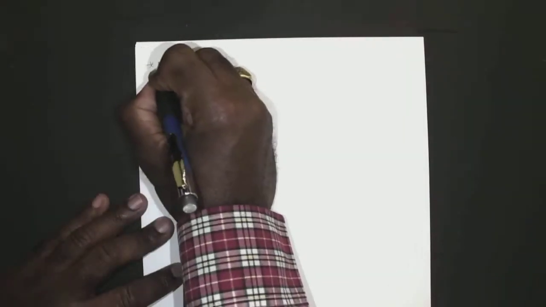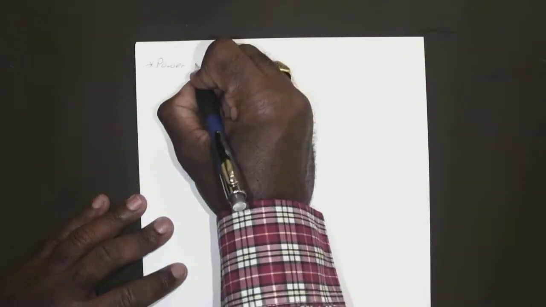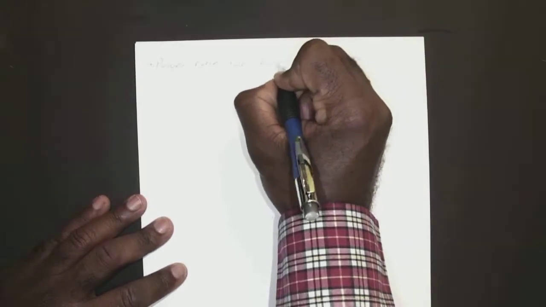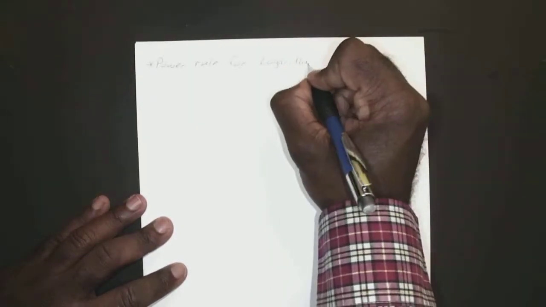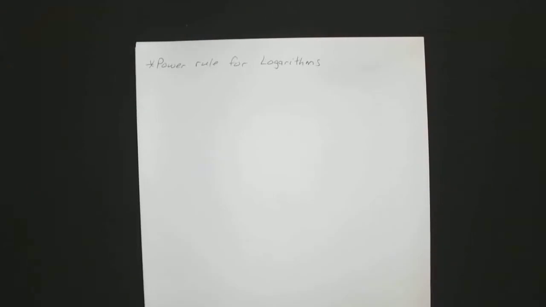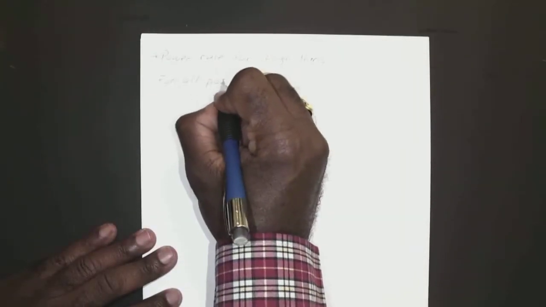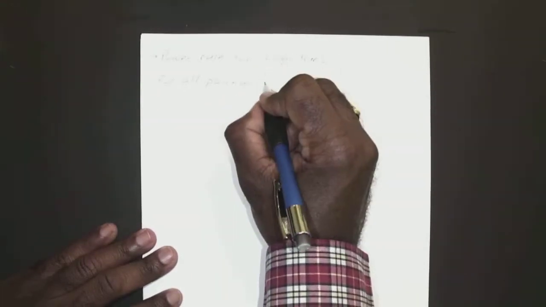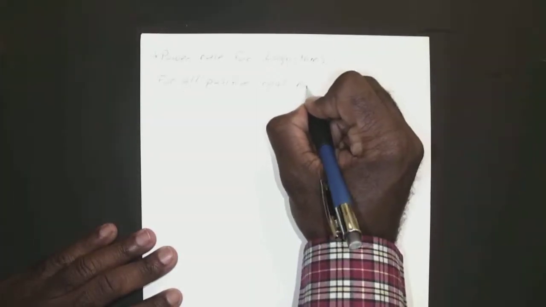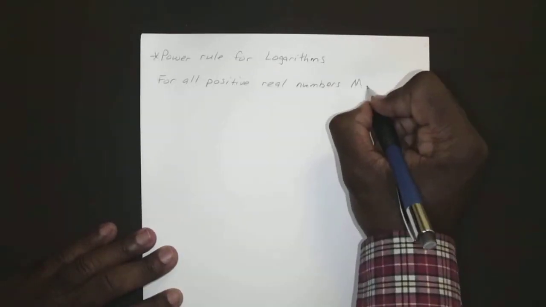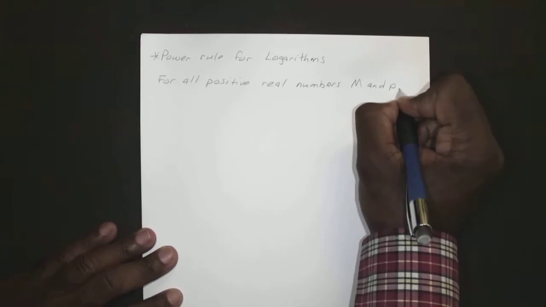All right, so we have our power rule for logarithms. For all positive real numbers, and instead of m and n, we're going to have m and p.